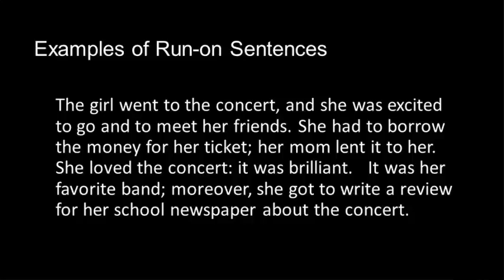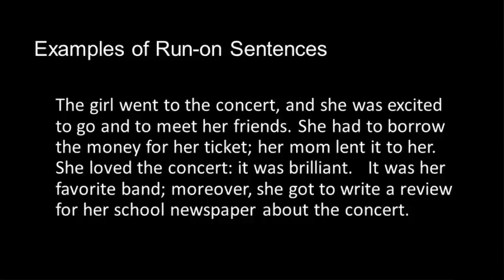She loved the concert. It was brilliant. It was her favorite band. Moreover, she got to write a review for her school newspaper about the concert. You'll notice that by paying attention to punctuation and meaning, I've been able to clarify for myself and for my reader the relationship between these sentences.